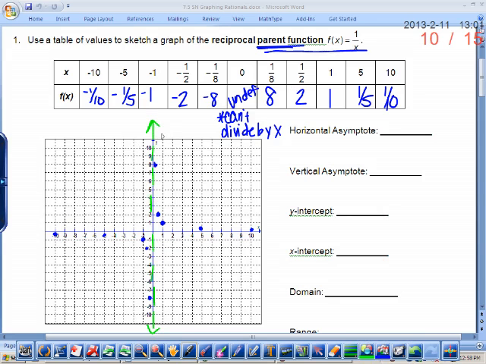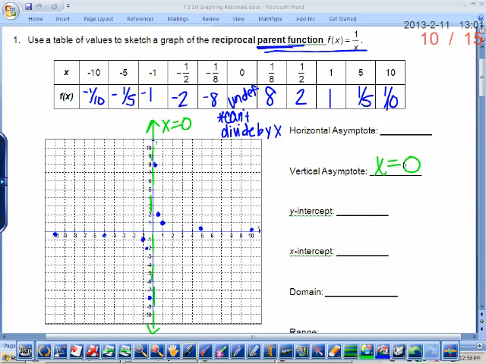You get closer and closer and closer to it, but you can never cross it. Hyperbolas have asymptotes in them. An asymptote is part of the parent function of a rational function. It must be drawn in, okay? And it must be labeled. So you're going to represent asymptotes as dotted lines, and you're going to label them with an equation. So our vertical asymptote is the line x equals 0.